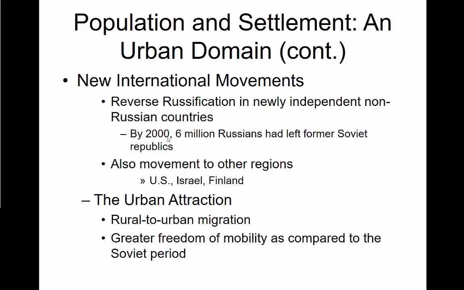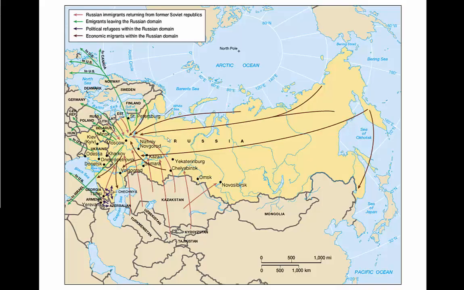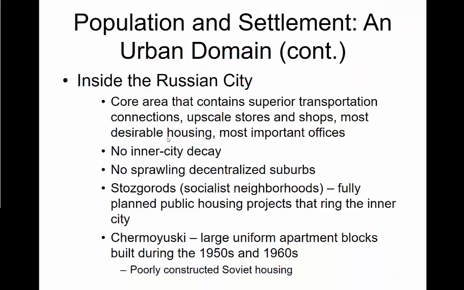And then some of the outmigration from Russia. And like most countries, we've got this rural to urban migration. So you can see, especially within this region, where people are going to Western Russia.